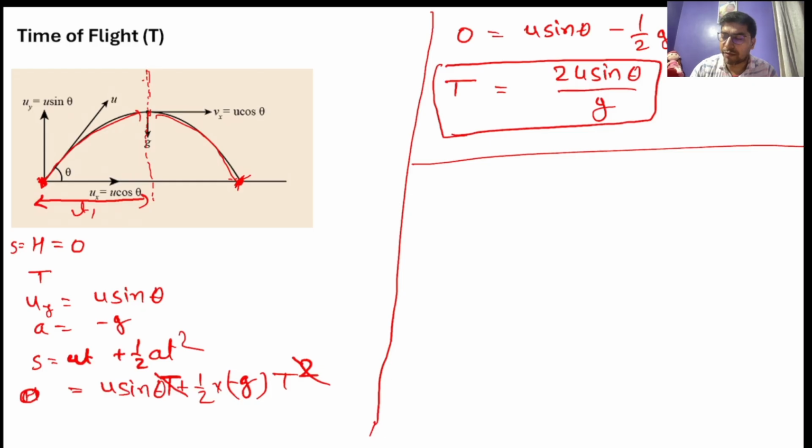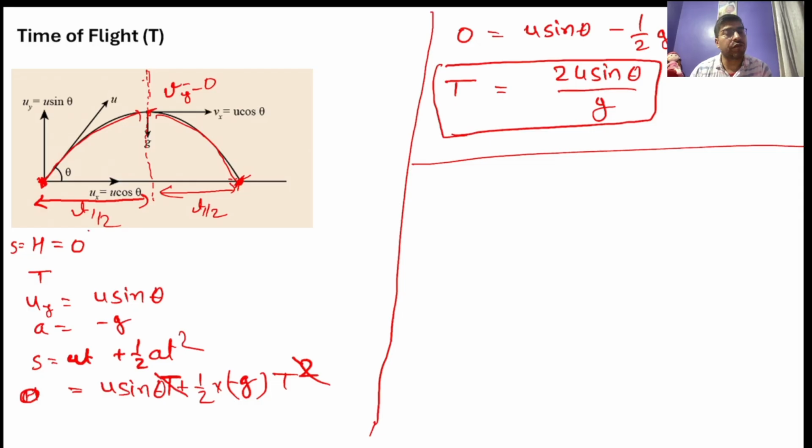So t half, right? You can calculate t half by using the first equation of motion. At the top, final velocity in the y direction is 0, initial velocity is u sine theta, and acceleration is minus g. So by this way you can calculate t half. Next, this t half and this t will be the same, right? So this also will be t half.